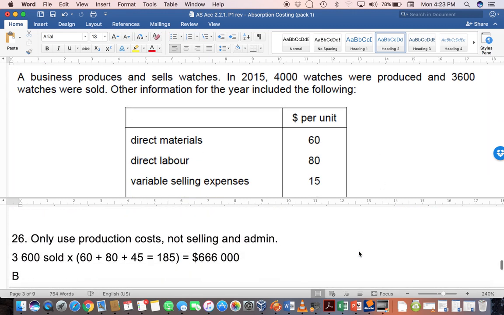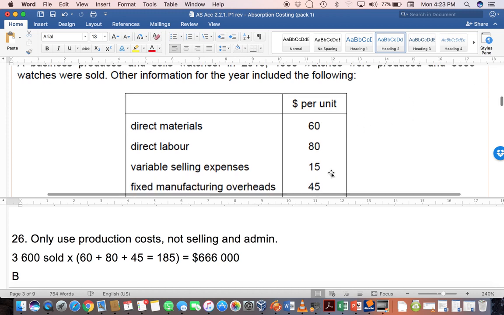Question 26. A business produces and sells watches. In 2015, 4,000 watches were produced and 3,600 watches were sold. It's very important to identify the difference between these two things. The 4,000 is your total manufactured or made, but the 3,600 relates to your sales and obviously the cost of sales relating to that.